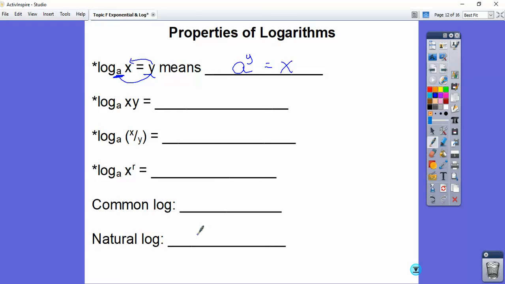If we have the log of two things being multiplied, you can split them up. Log of the first plus log of the second.